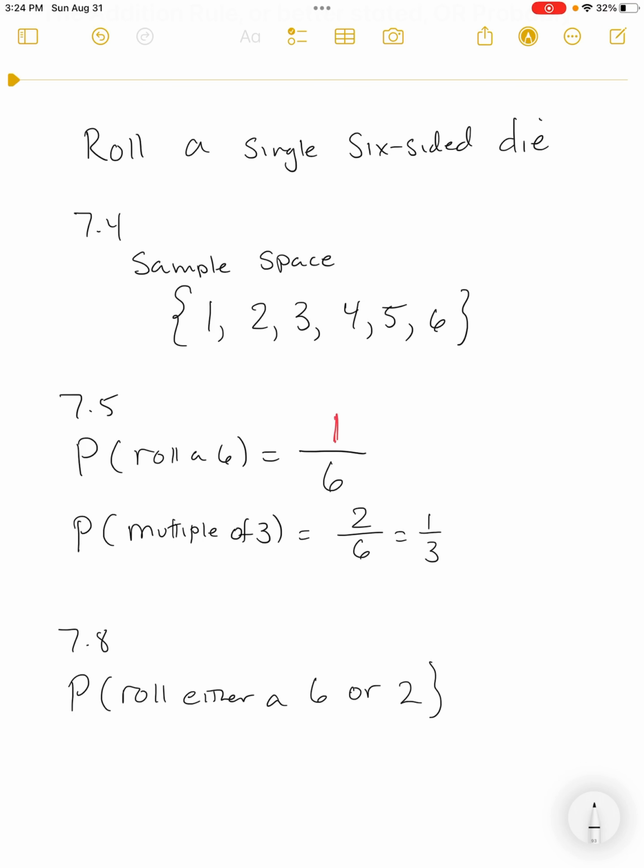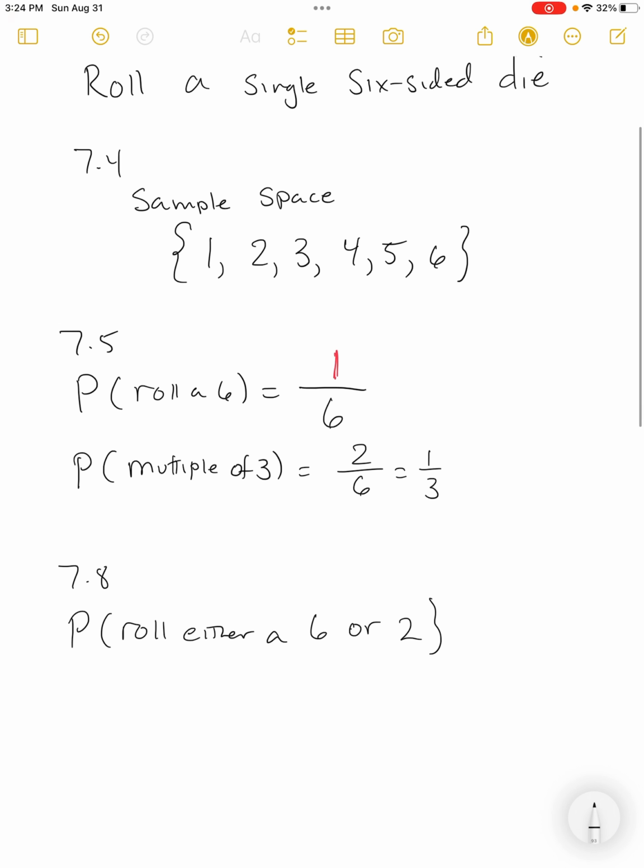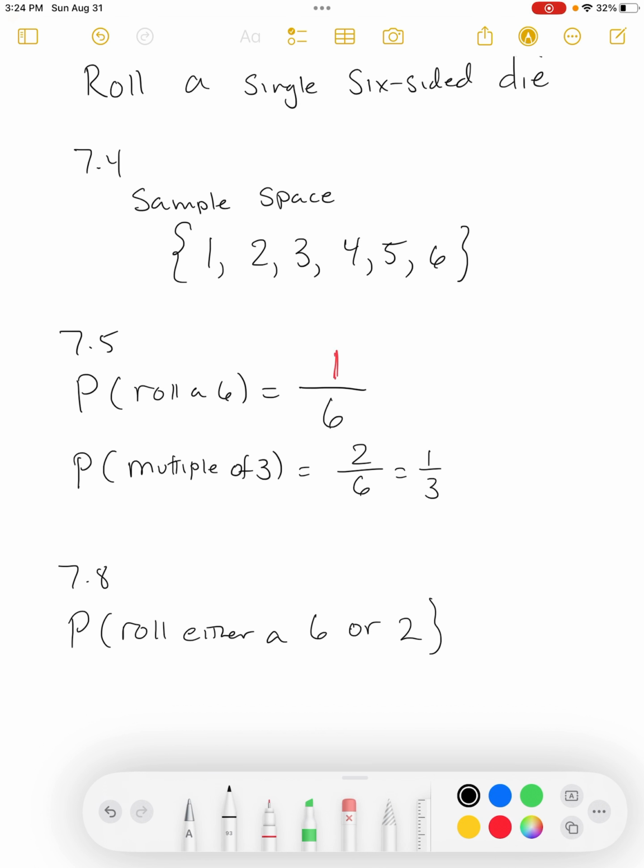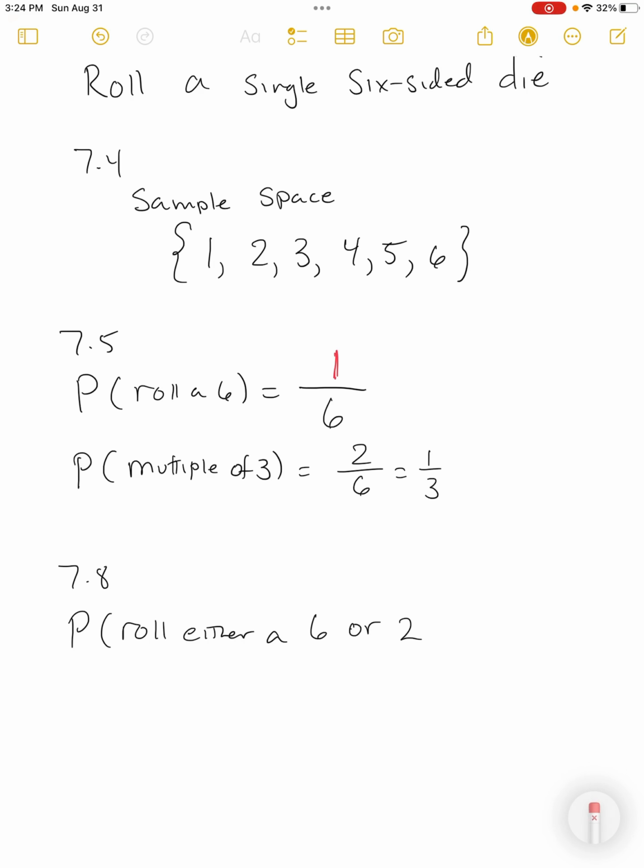And so we say, okay, I can handle that. We look at the sample space, which is still visual on the screen, right up top here. What's the probability to roll either a 2 or a 6?